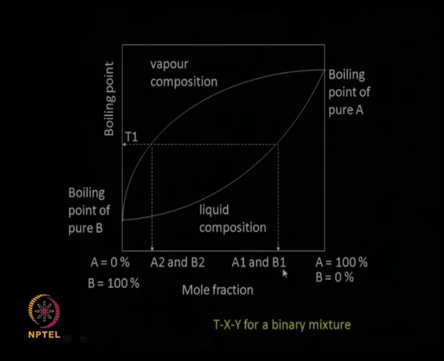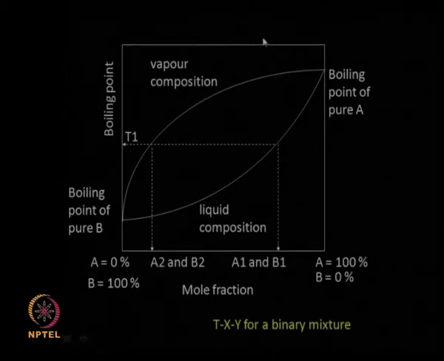And here the boiling point of A is higher, so obviously A should be more in the liquid and A should be less in the vapor, correct? And the boiling point of B is less than A, so the vapor should have more B and the liquid should have less B, because B2 will be greater than B1 and A1 will be greater than A2.